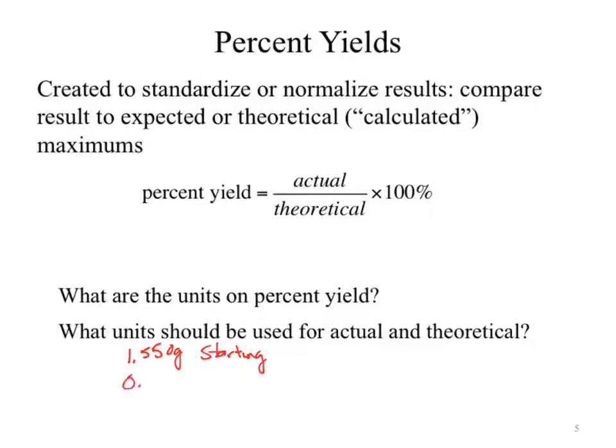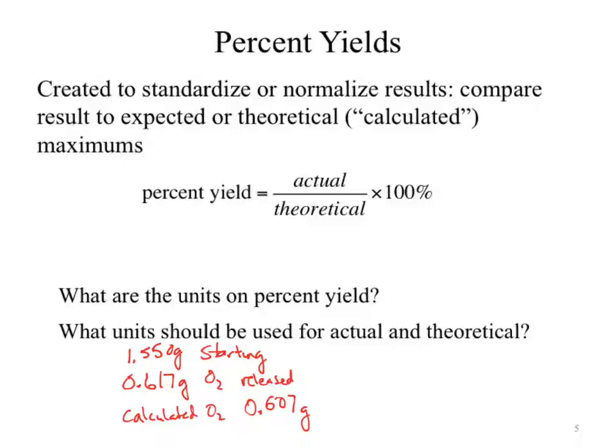I'm given 0.617 grams oxygen released, and I'm told the calculated oxygen is supposed to be 0.607 grams. Three numbers. Okay. Which of those three numbers do we need to use?